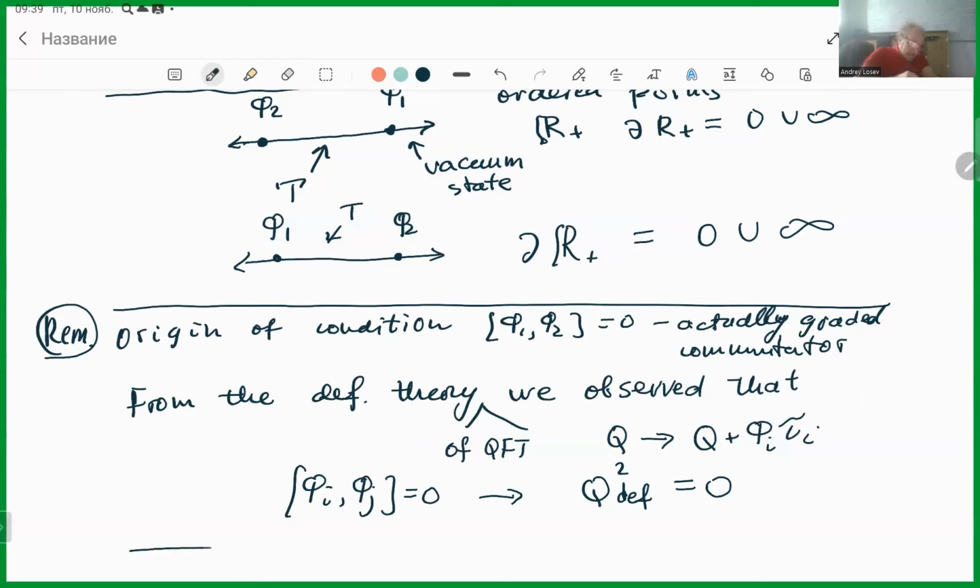But this is a remark. That's why I want to demand this condition. And it will be true in examples.